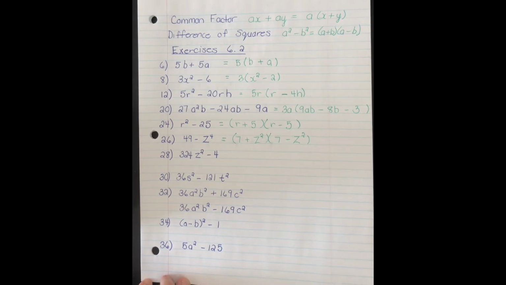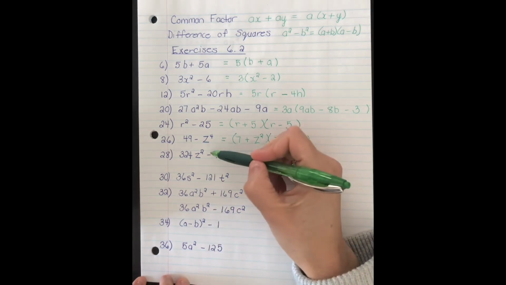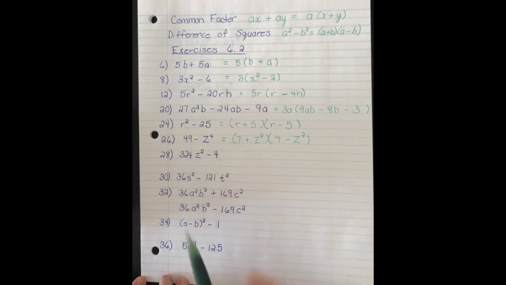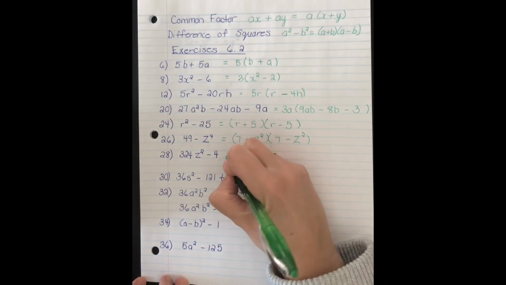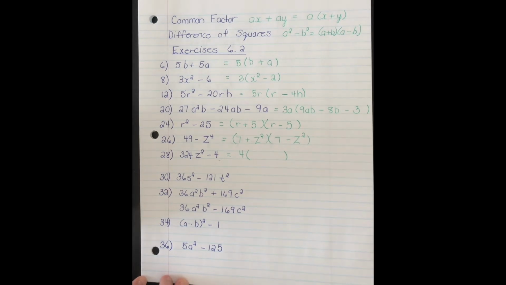We have 324 z squared minus 4. Now this example is a good reminder that what we should do first is remove any common factors. Because in fact, both of these 2 terms, the terms of course are separated by the subtraction sign, both terms are divisible by 4, so we should begin by removing that common factor of 4.